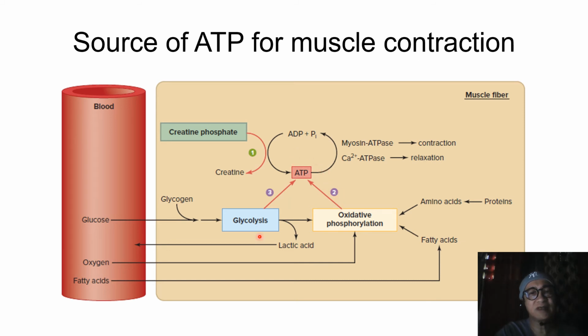And thirdly, the phosphorylation of ADP by the glycolytic pathway in the cytosol. So you have three sources of ATP for muscular contraction in cross-bridge cycling: the creatine phosphate pathway, the oxidative phosphorylation pathway, and the glycolytic pathway.